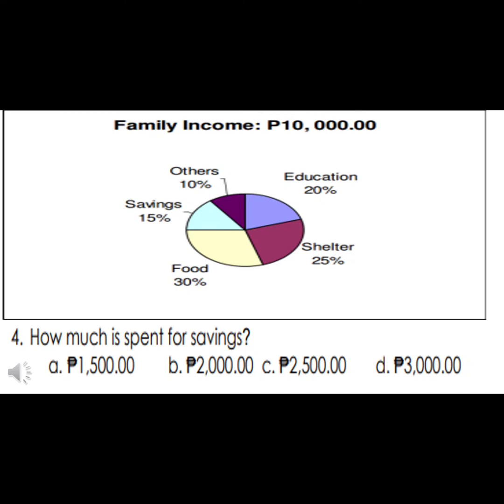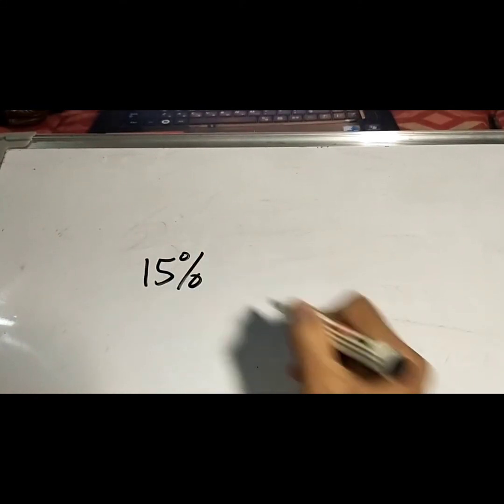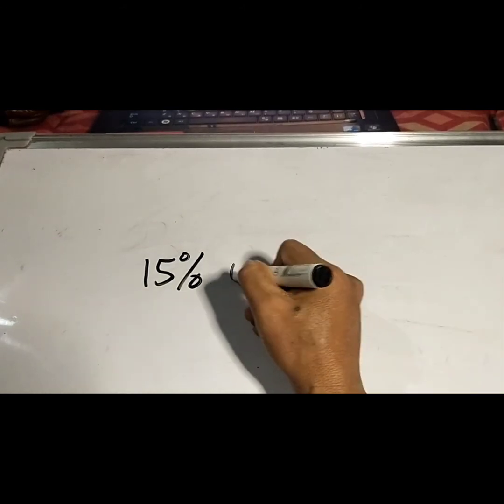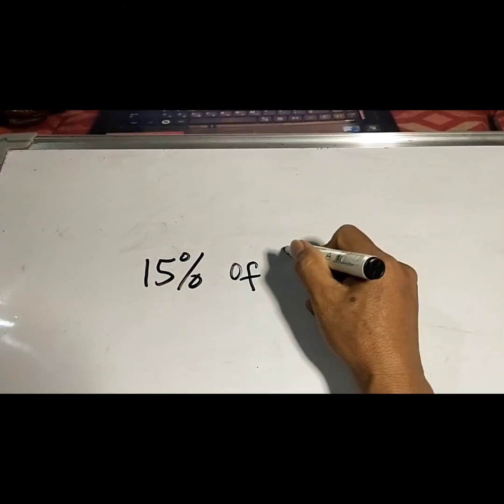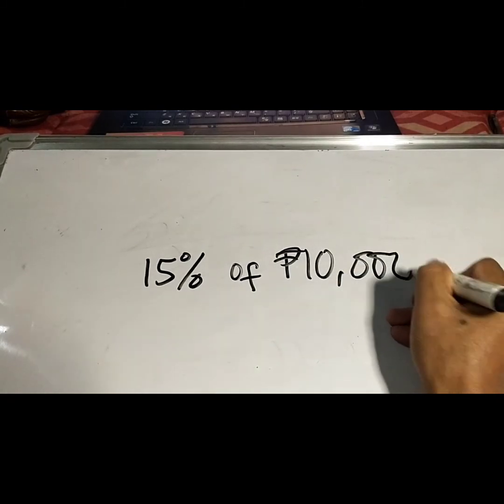In the graph, we have 15%. So, 15% of what? Okay, the same. 15% of 10,000 is the allocation for savings.